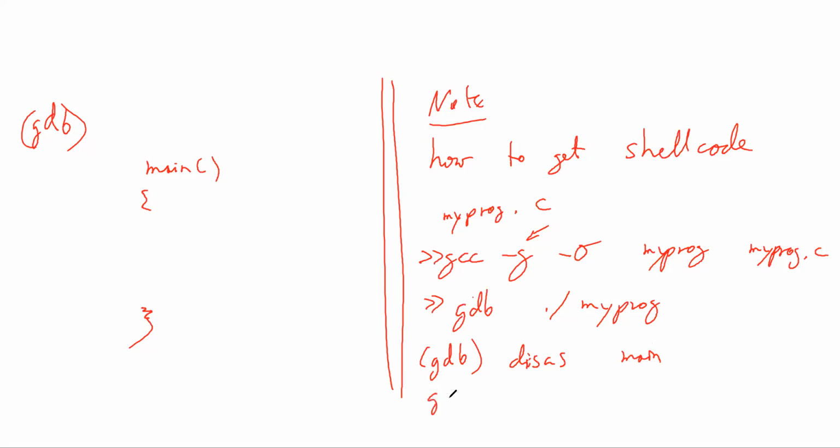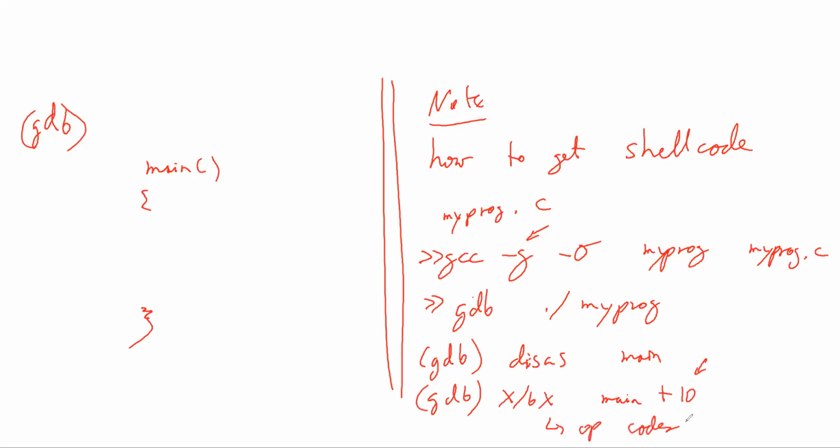The next step is you can say something like x/bx main+10. That indicates an offset from where main starts, and that will now give you the opcodes.